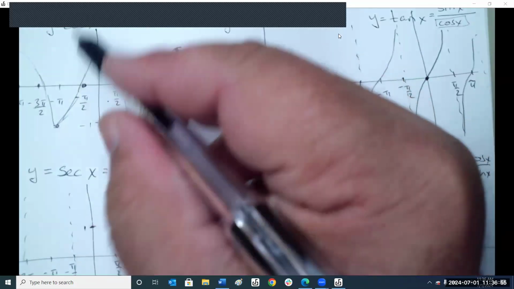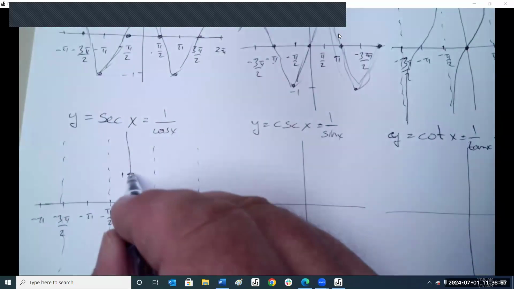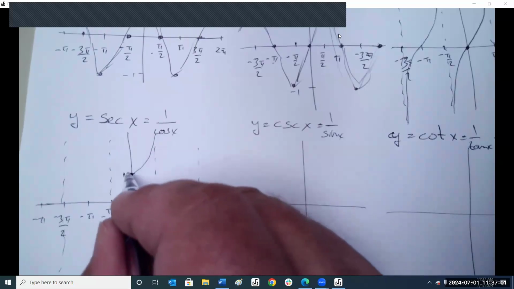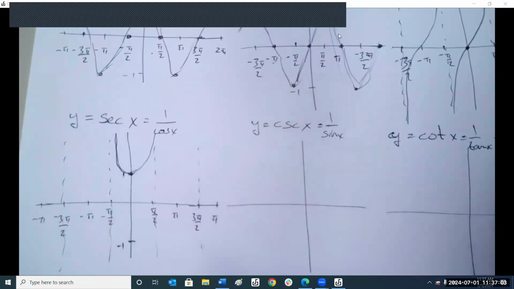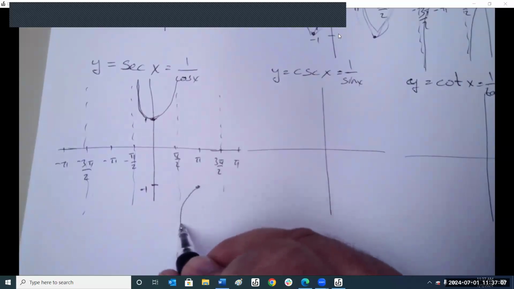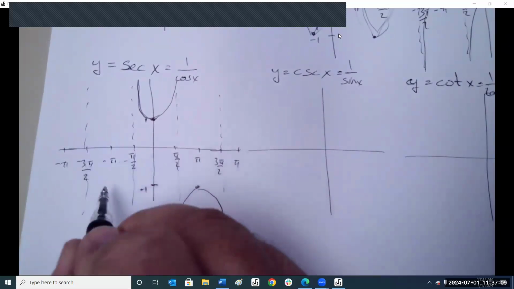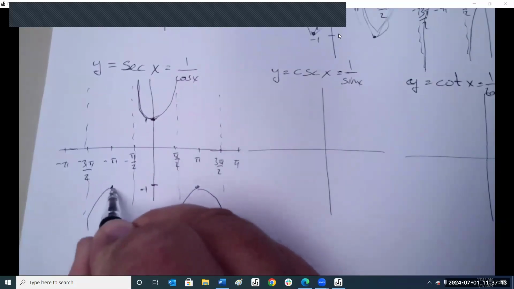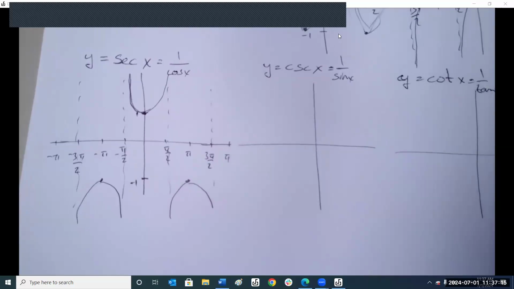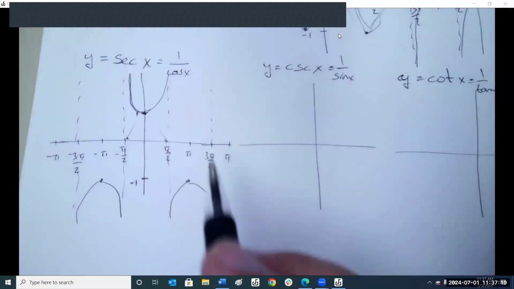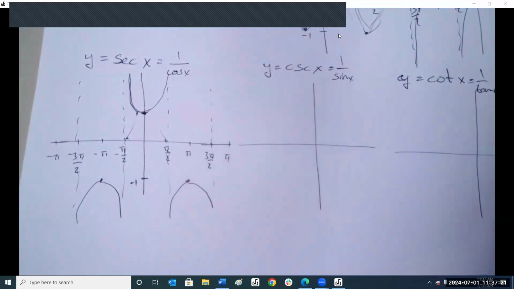We take the graph and just flip it over. So the secant function crosses at 1 at 0. And from where all the vertices are, the graph shifts. So instead of the cosine function looking like this, it reciprocates, it flips over.